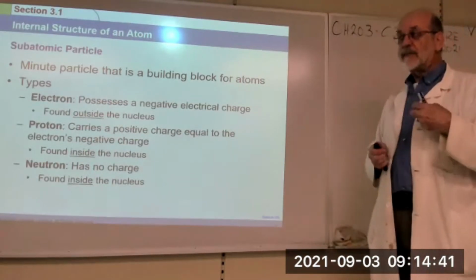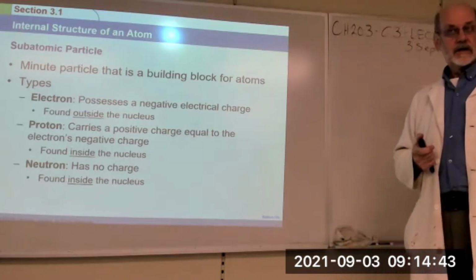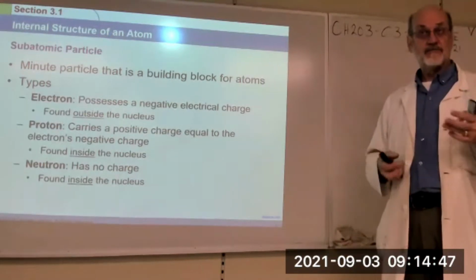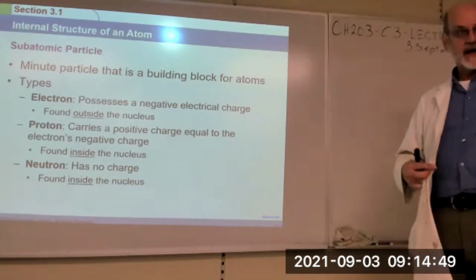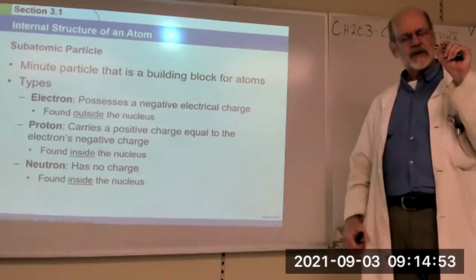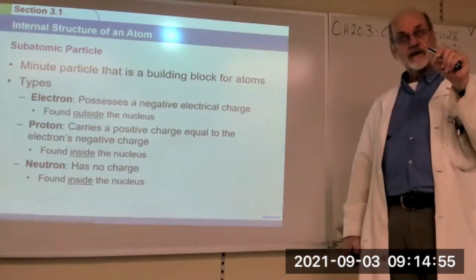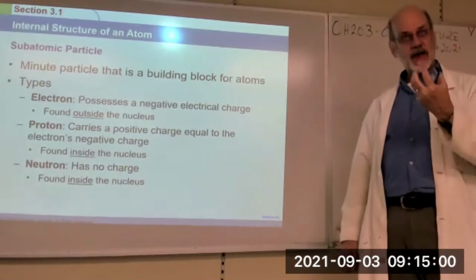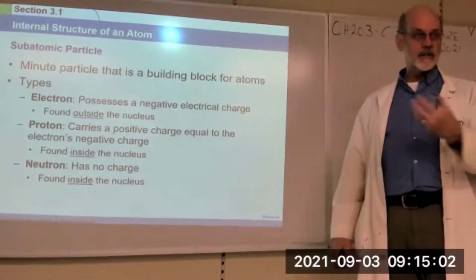So when he proposed his theory, he didn't know about subatomic particles. He didn't know how atoms were built, but we do know that now. He did assume that the particle, the atom, was different for each element.